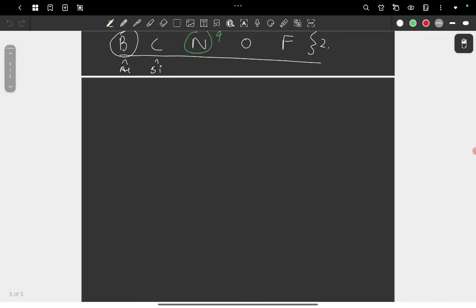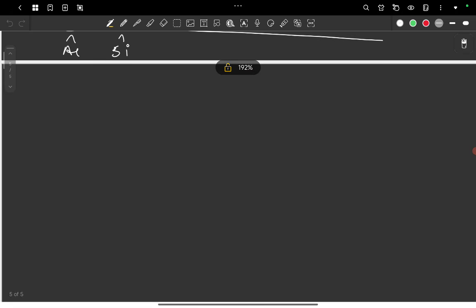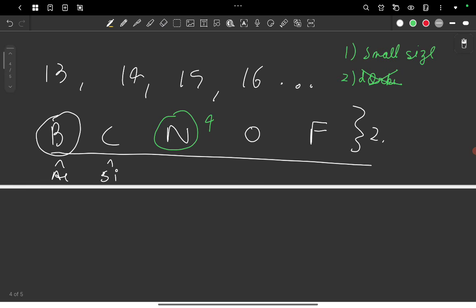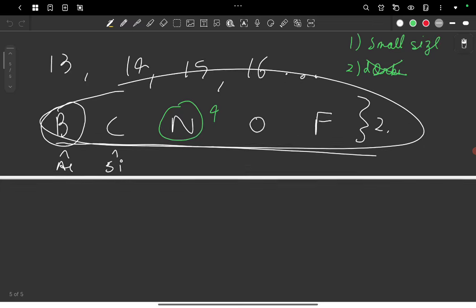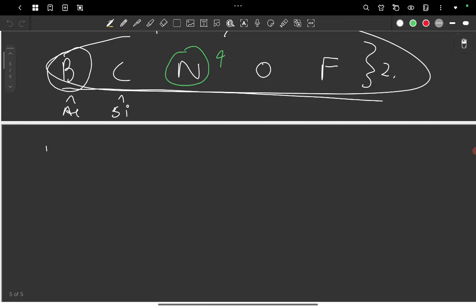And one more interesting thing I would like to tell you is that the smaller elements of each group, which I just highlighted right now, tend to make p pi multiple bonds. Excuse my throat, I have a cold. Since I told you they do not have d orbitals at all, of course, they use their p orbitals to form bonds.